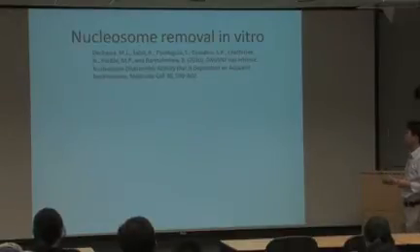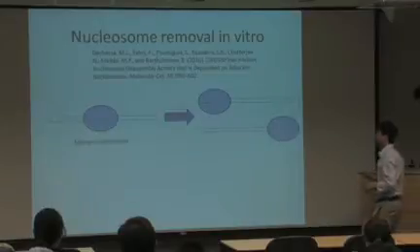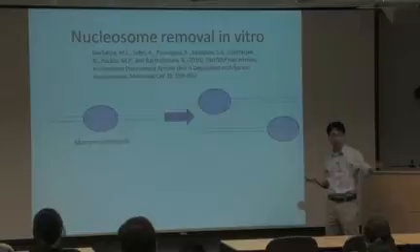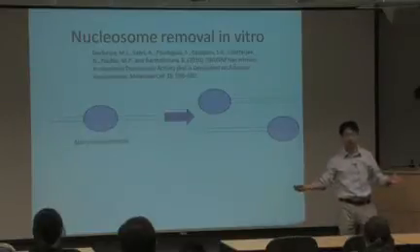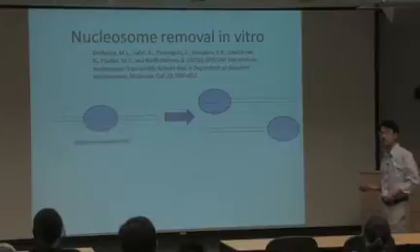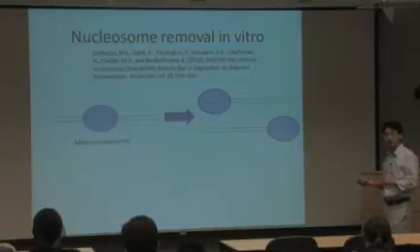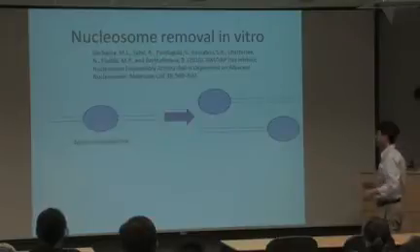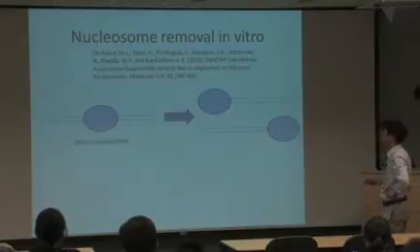So these people did this experiment where they assembled a mononucleosome in vitro. So you take a piece of DNA, you mix it with histone octamers at a certain concentration, and you can form a single nucleosome on this DNA. And then they threw in the purified chromatin remodeling complex with ATP, because the chromatin remodeling complex is a motor protein that burns ATP to achieve mechanical work.